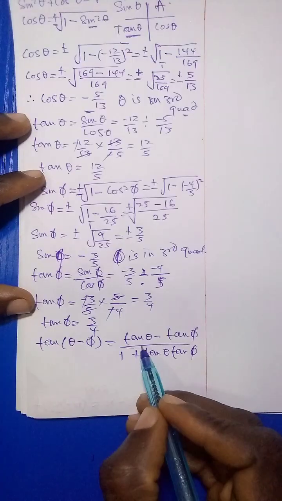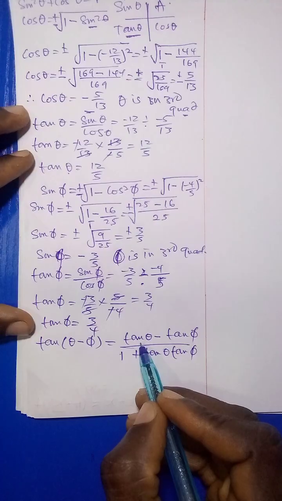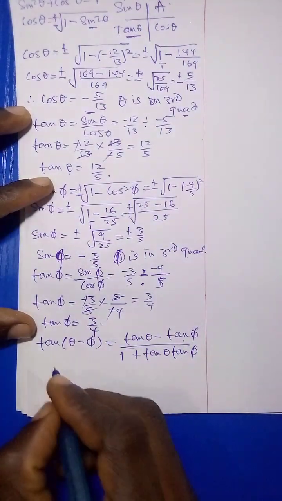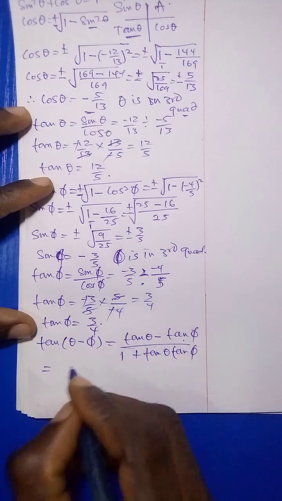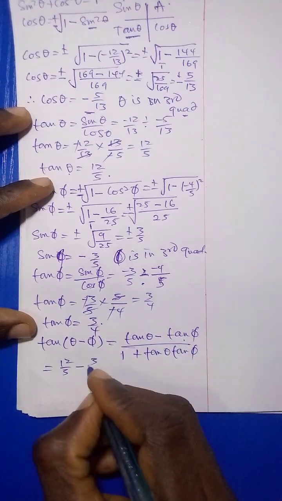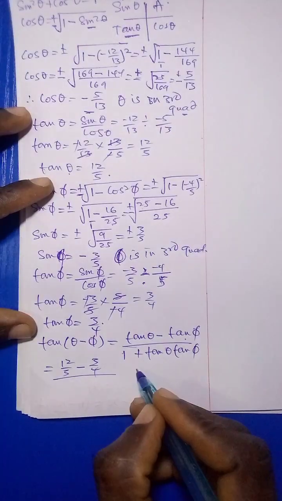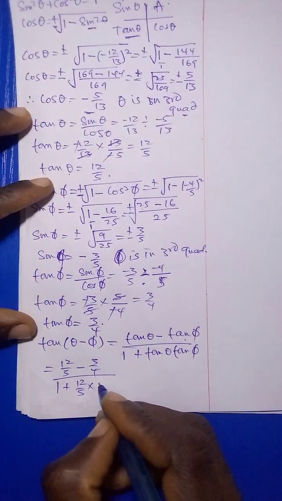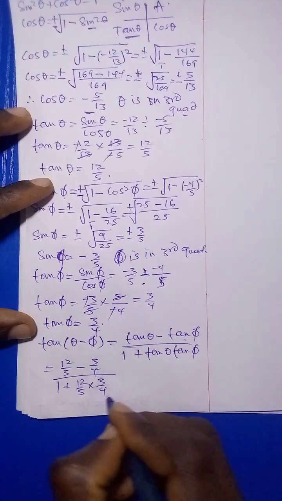We will now substitute tan theta, which is 12 over 5 here, and tan phi, which is 3 over 4. So we have tan theta, that is 12 over 5, minus tan phi, which is 3 over 4, all over 1 plus 12 over 5 times 3 over 4.